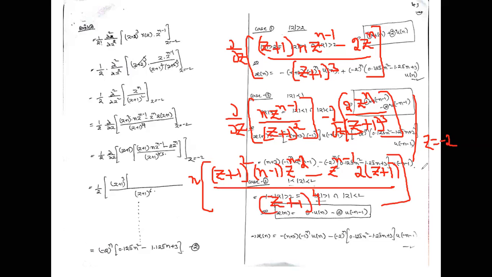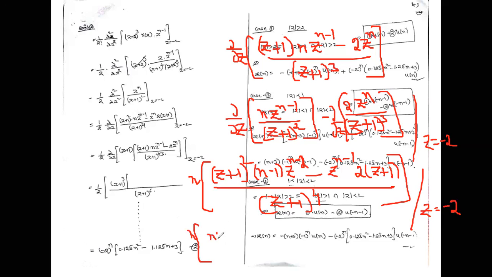Got it, my dear students? Now I take the first term and apply z = -2. Substituting -2 here: n times (-2+1)^2, which is (-1)^2, the value is 1.